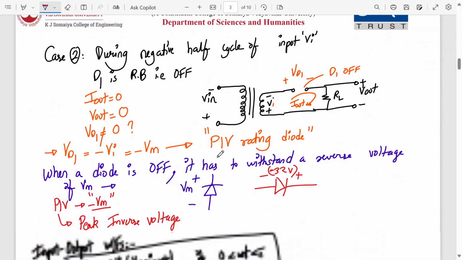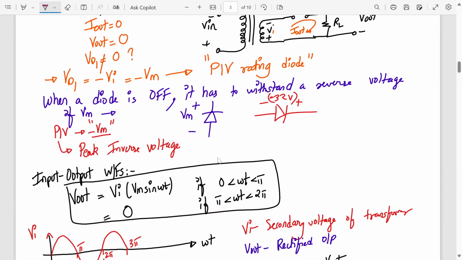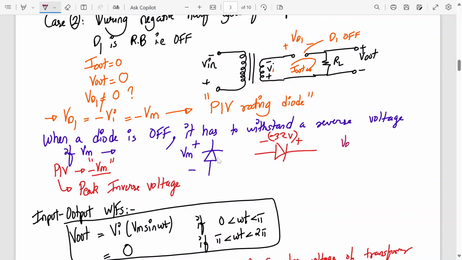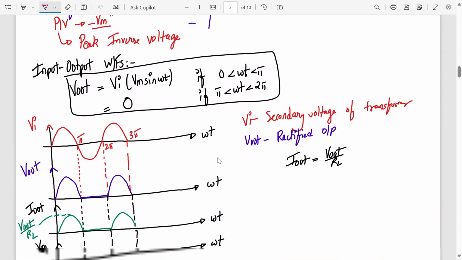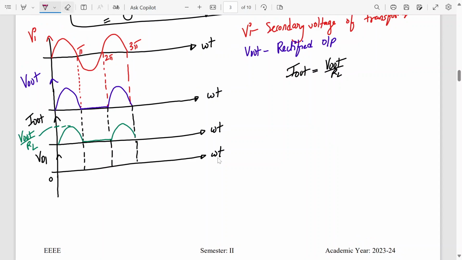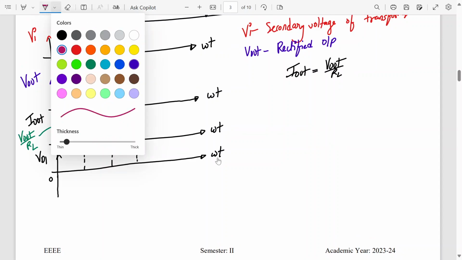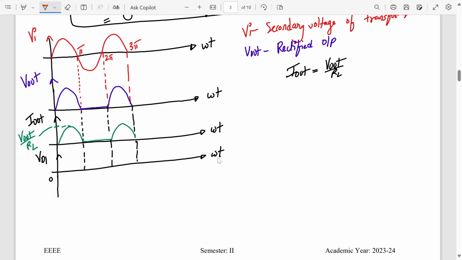And during the negative half cycle, what is my diode voltage? We have found out VD1 is minus Vm. Agree? Yes or no? So in forward bias it's 0. In reverse bias it goes up to minus Vm, and in forward bias again 0. Understanding?